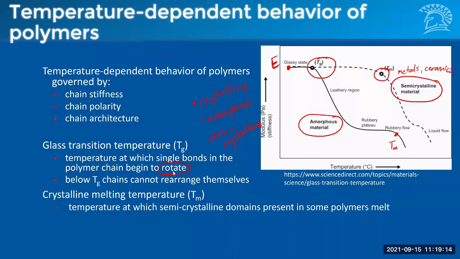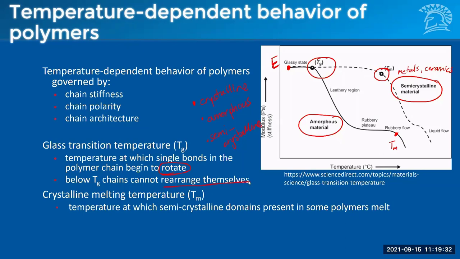So once they rotate, that means they've broken their secondary bond associations with other adjacent polymer molecules. We start to get some movement. They can rearrange themselves, as it says down here. The adjacent polymer molecules can start to slide past one another.